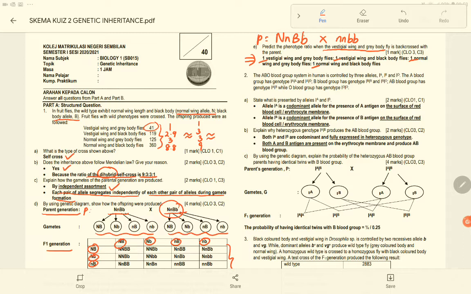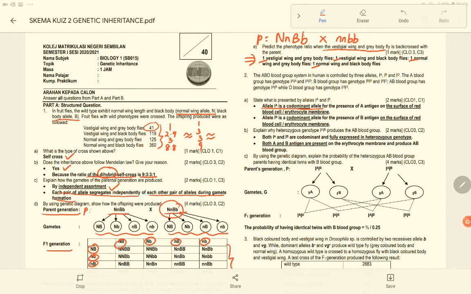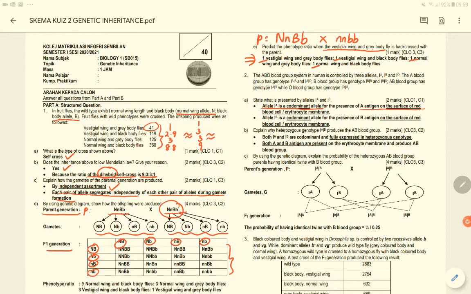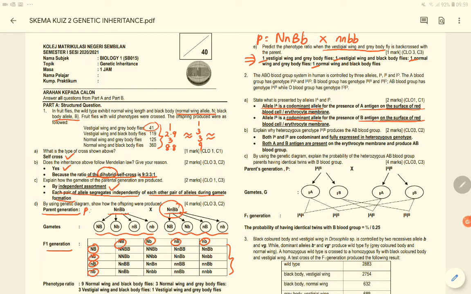State what is represented by alleles IA and IB. You can say that allele IA is a codominant allele for the presence of A antigen on the surface of red blood cell. Allele IB is a codominant allele for the presence of B antigen on the surface of red blood cell.